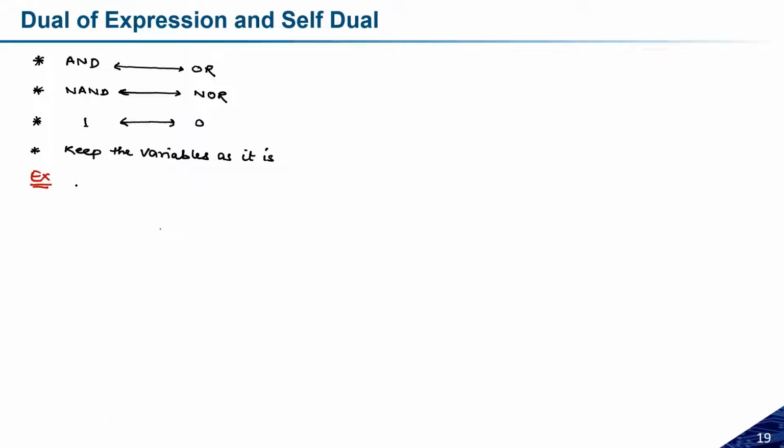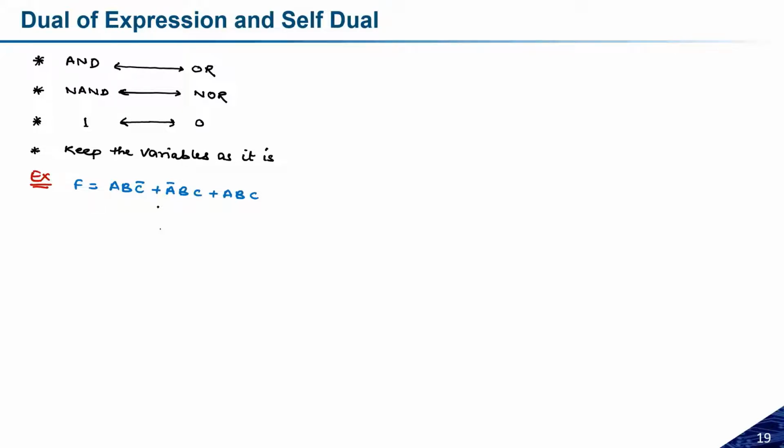Let us assume I have a function which is written something like a b c complement plus a bar b c plus a b c.